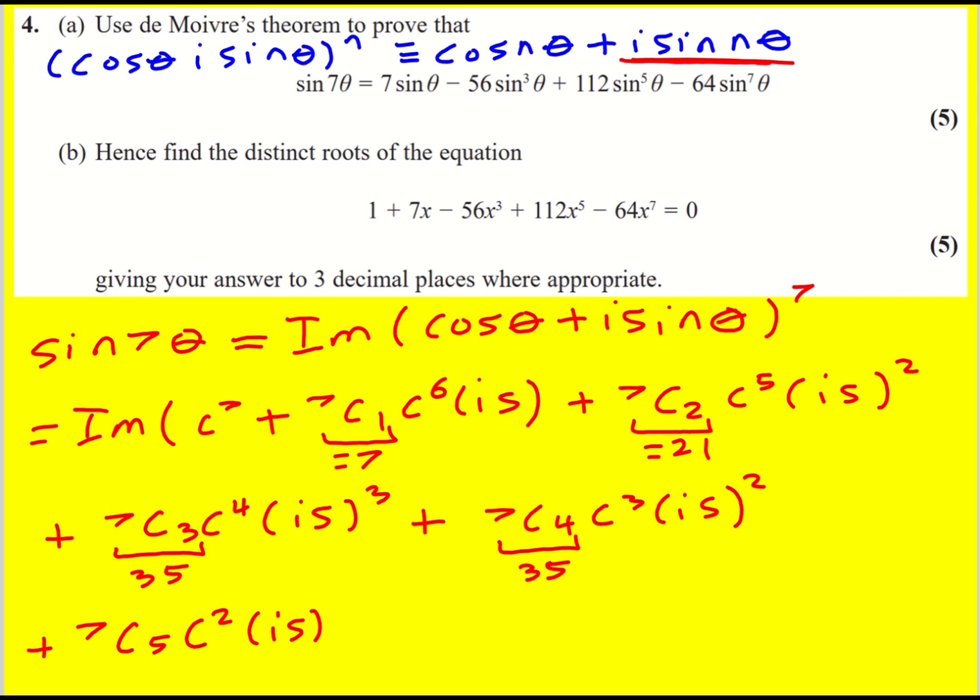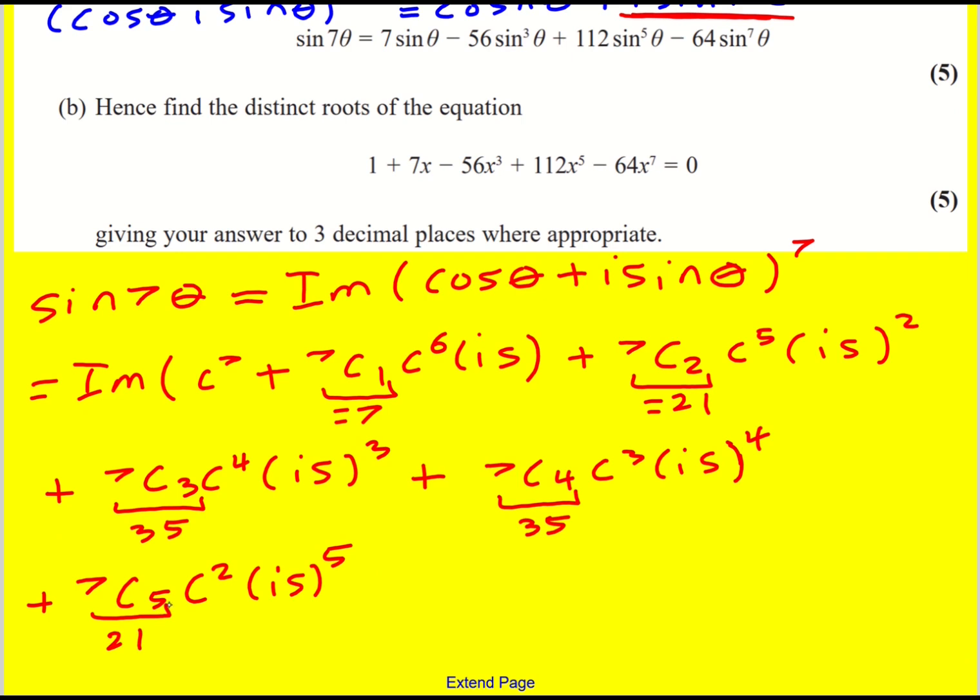Made a mistake there, so that should have been a 4. And this is a 5. Remember, the power is always up to 7, so you can spot if you've made a mistake. That goes back to 21. That is 7. And then finally, it's just is to the power of 7.